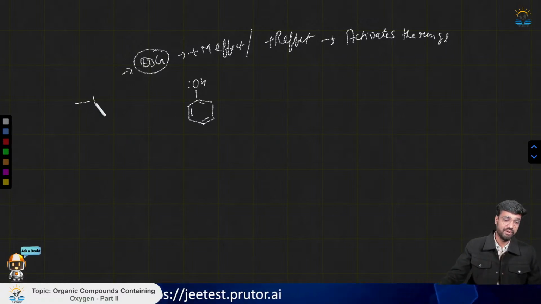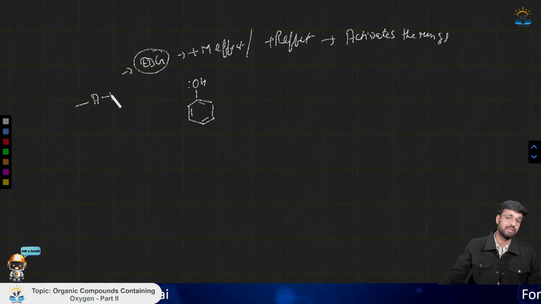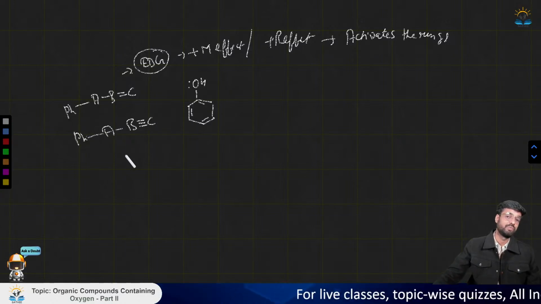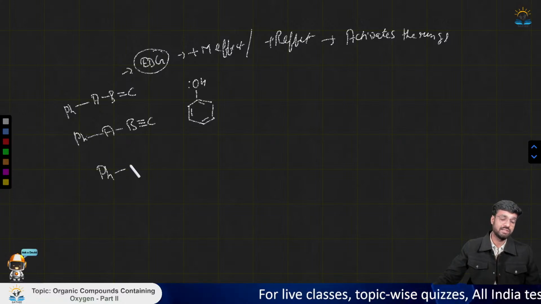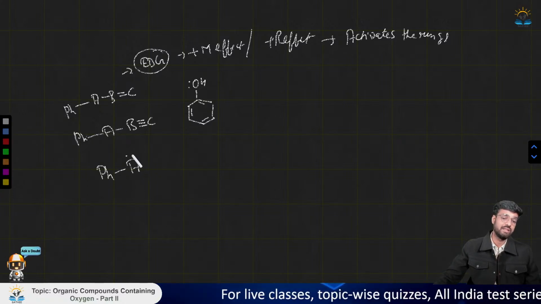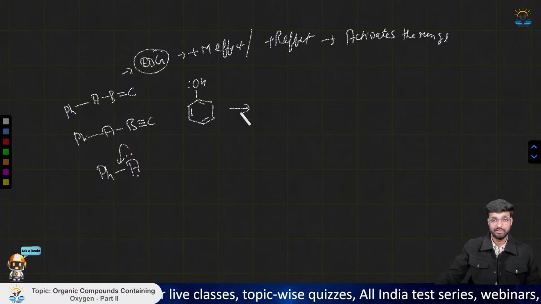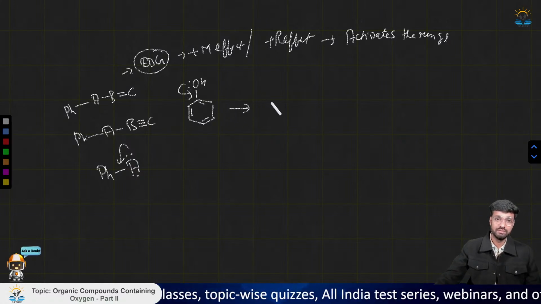We also know that if something has to be electron withdrawing, then it should have a structure like this or like this, so the phenyl group should be present. But since it has this kind of structure, with a lone pair, it will donate its electron.